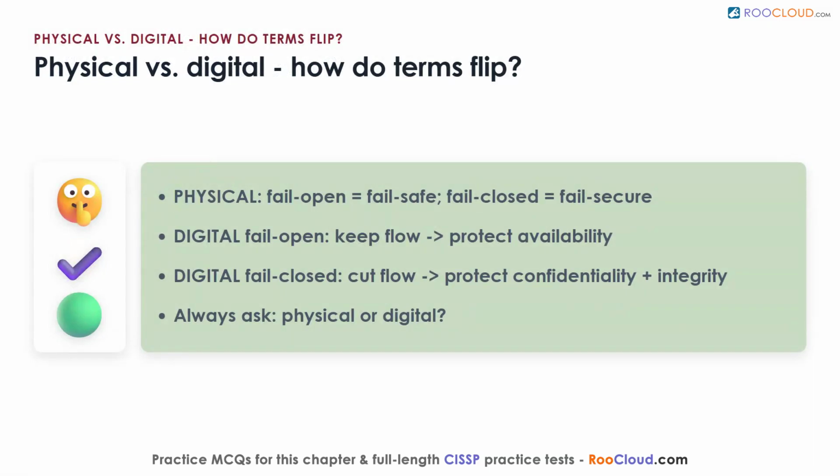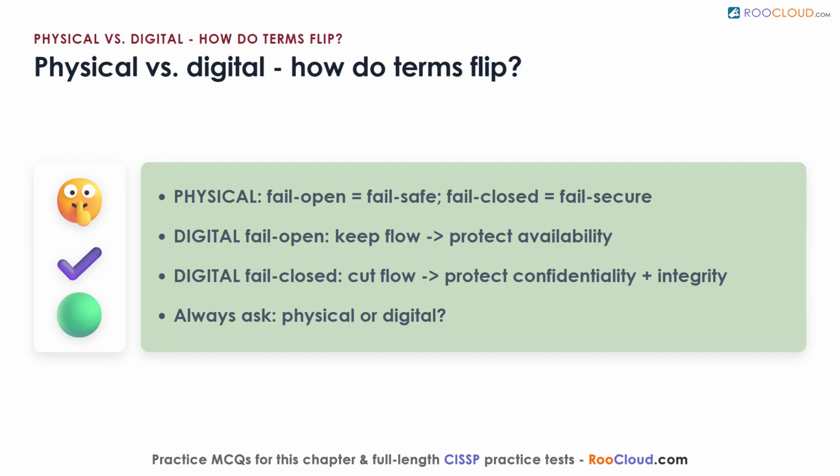How do those terms flip between the physical and digital worlds? Context changes their meaning, so pin down which world you are in. In the physical world, a fail-open response leans toward availability and goes by the name fail-safe, while a fail-closed response leans toward protection and goes by the name fail-secure. In the digital world, the focus shifts to the core triad.